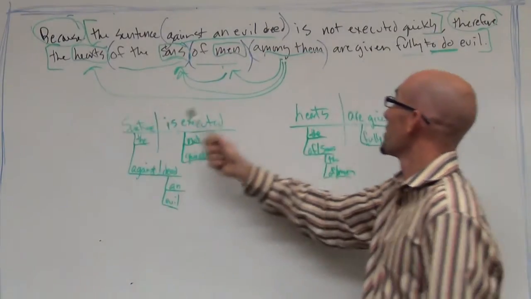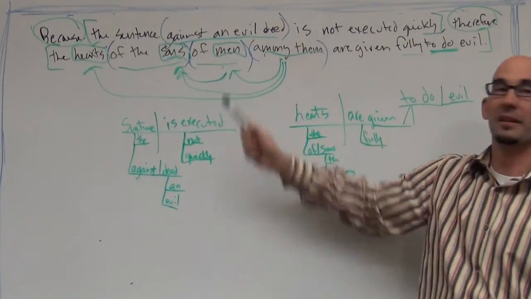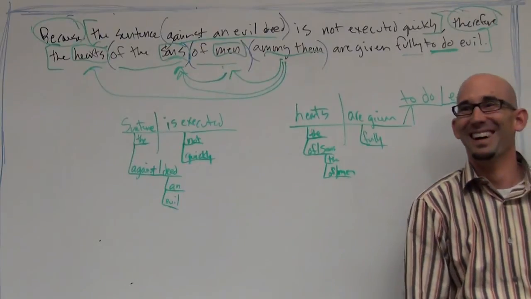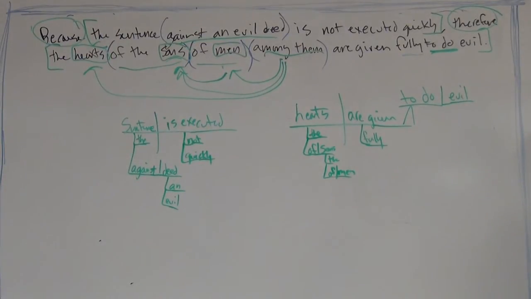Or is it hearts which are among men? Yes. We've got to put it somewhere. Among the sons. So it's sons who are among men, or hearts who are among sons? Sons are among them.